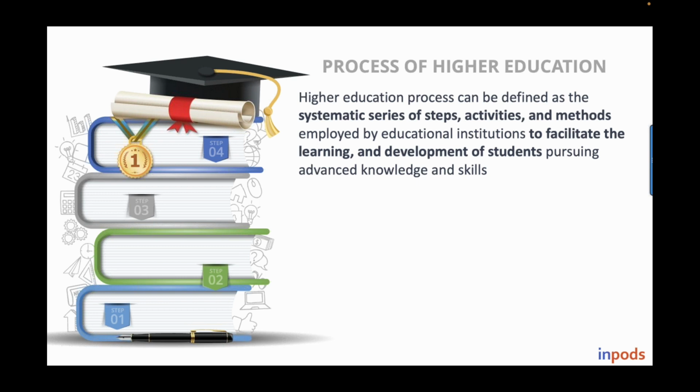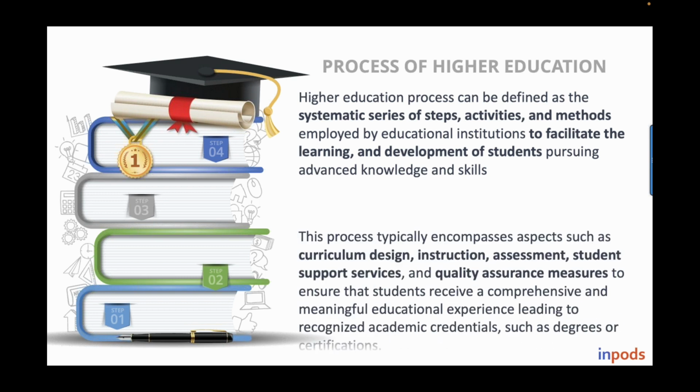If you look at the process of higher education, it can be defined as a systematic series of steps, activities, and methods employed by education institutions to facilitate the learning and development of students pursuing advanced knowledge and skills.